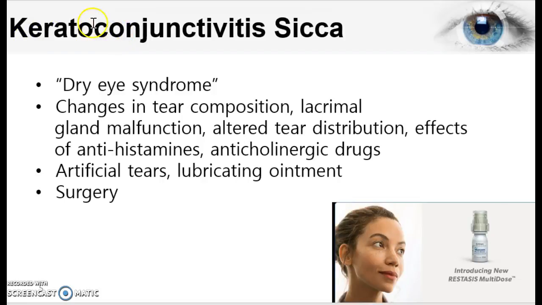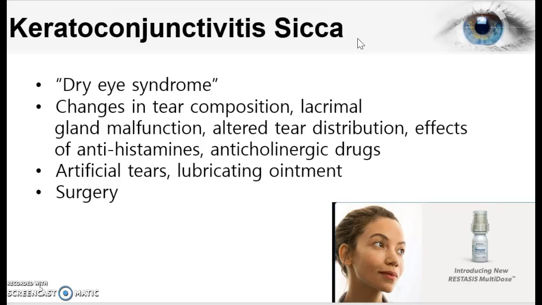We'll talk about some different types of conjunctivitis, and this one in particular is keratoconjunctivitis sicca, which is really a long name for dry eye syndrome. And anybody that watches TV has heard all about rosacea and chronic dry eye, and that's really what this is. It can be caused by changes in what the tear fluid is composed of.